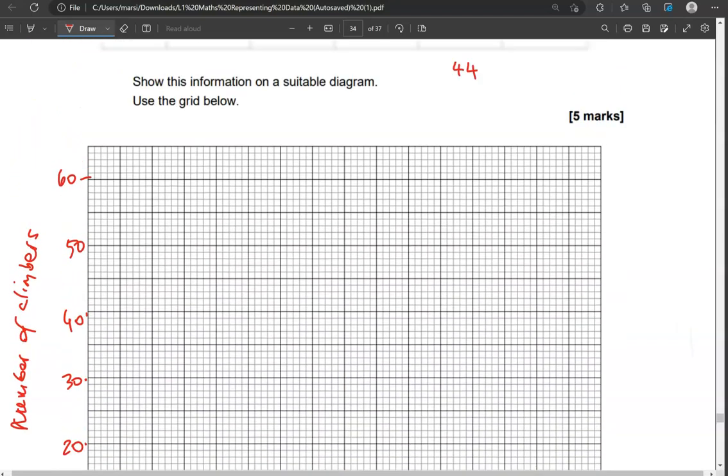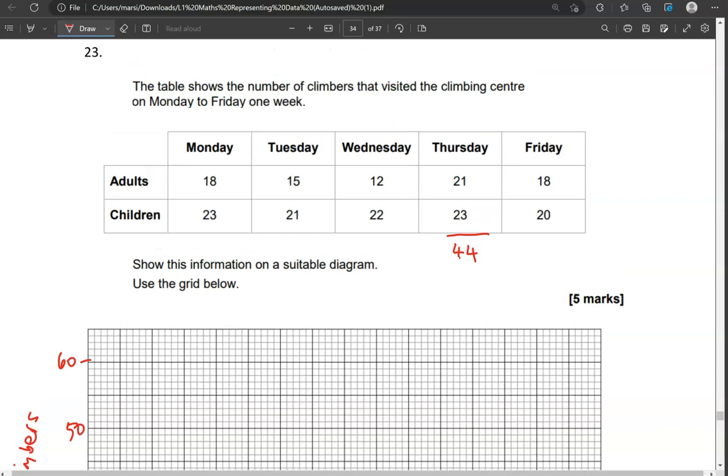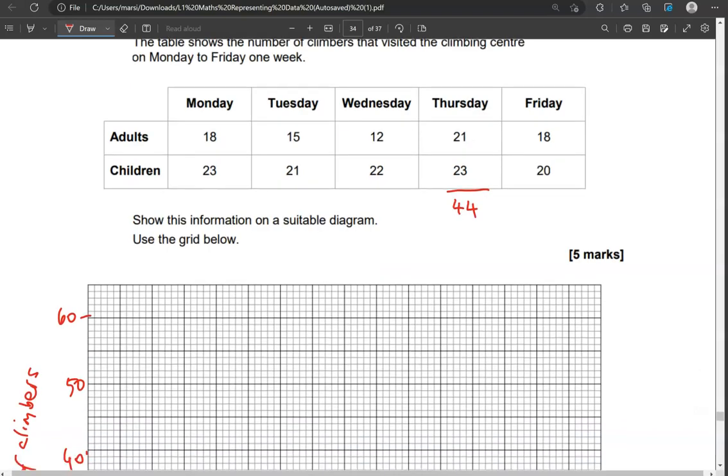So Monday, 18 adults and 23 children. Now I said earlier I'll do line graph, but since we've got them split into adults and children, it makes sense to do bar chart. Now you could do them side by side, adults and children separately, or you could do them on top of each other, and that's what I'm going to do. So I'm going to do adults at the bottom and then children at the top.